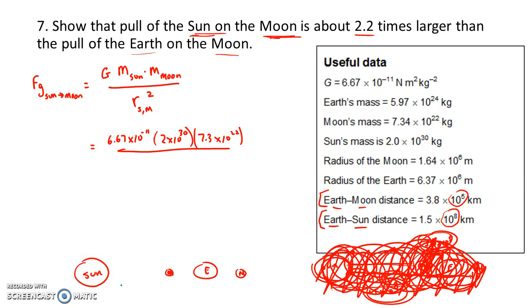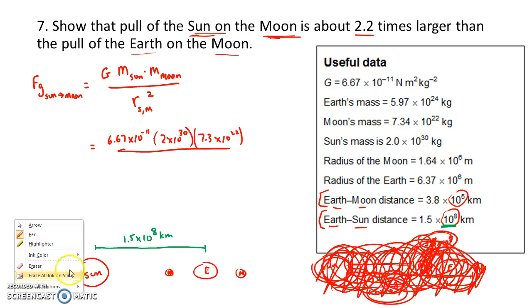But let's try to figure out some of these distances. The distance from the Earth to the sun is 1.5 times 10 to the power of 8 kilometers.